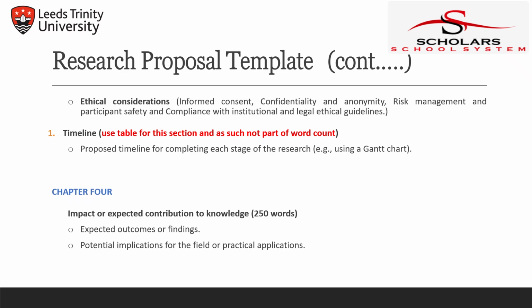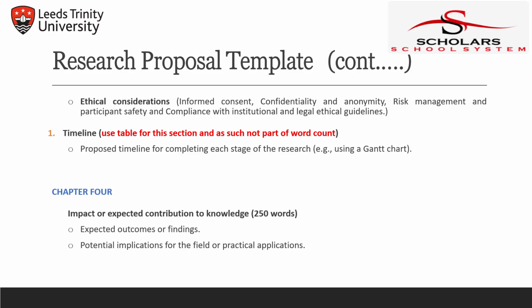Under chapter 4, they have to write about the impact or expected contribution to the present knowledge of their research, and the expected word limit for this section is 250 words.